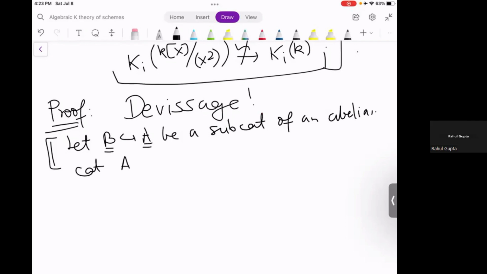A, such that it's an exact subcategory, such that for every object M of A, there exists a filtration.